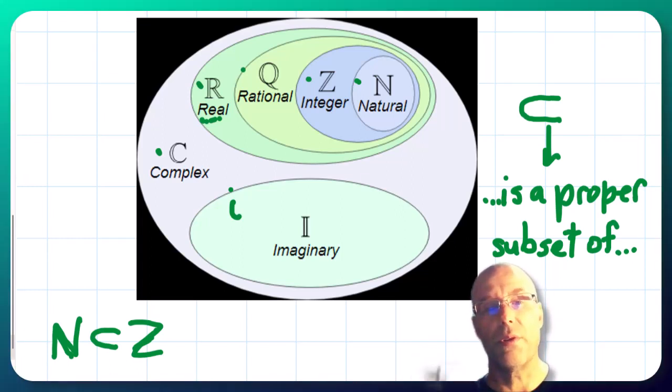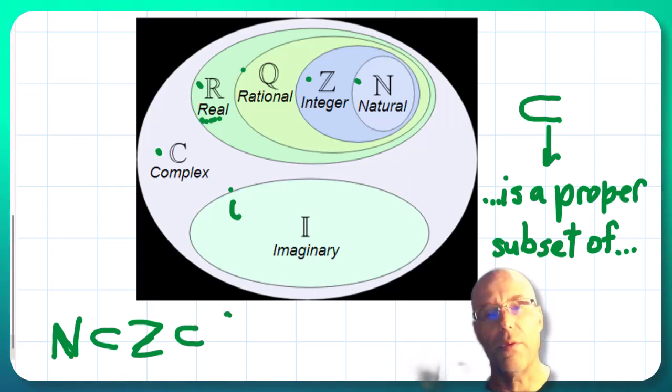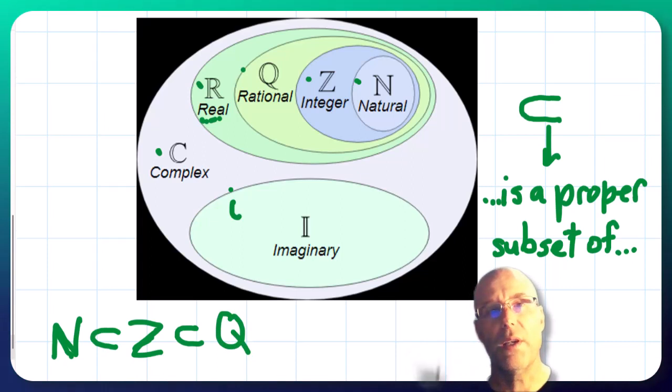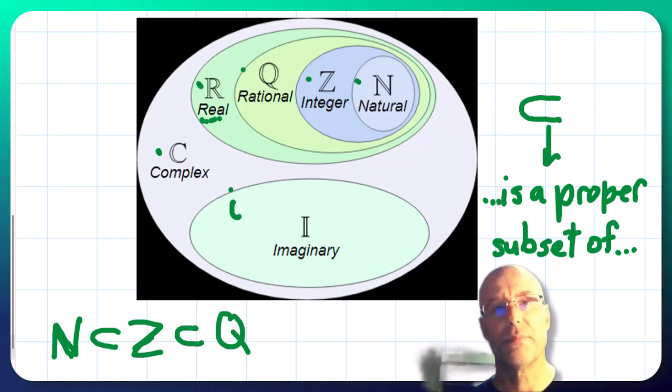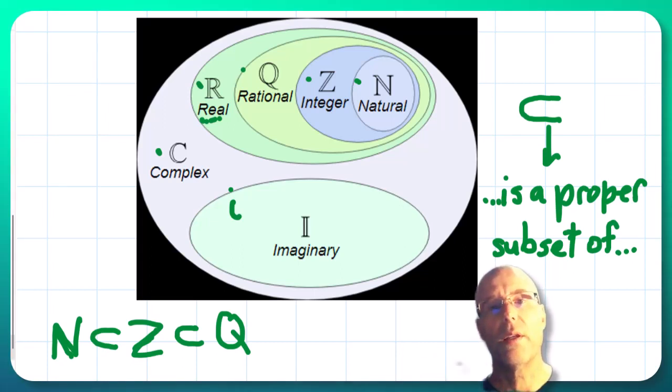So we can therefore say that the set of natural numbers is a proper subset of the set of integers, which in turn is a proper subset of rational numbers. Because remember, rational numbers needed integer over integer. So we can see that yes, all integers can be expressed as that integer over 1, hence rational numbers.